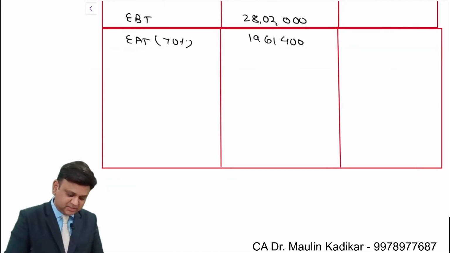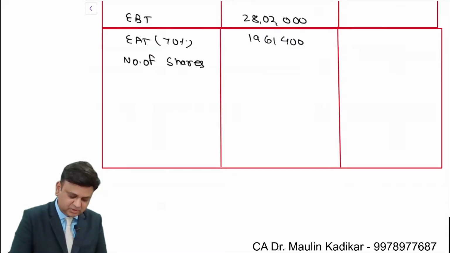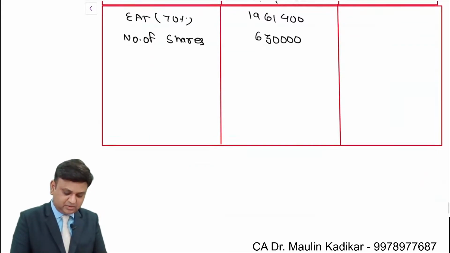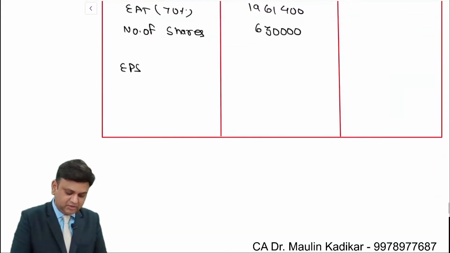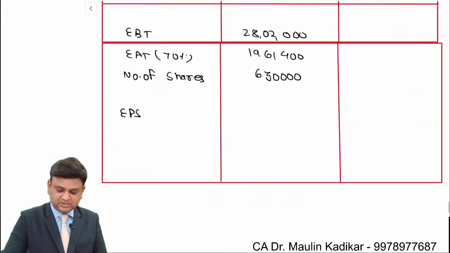So earning after taxes divided by number of shares, which is 6,30,000 because there is no change in the number of shares, will give EPS. So it is 3.1133.